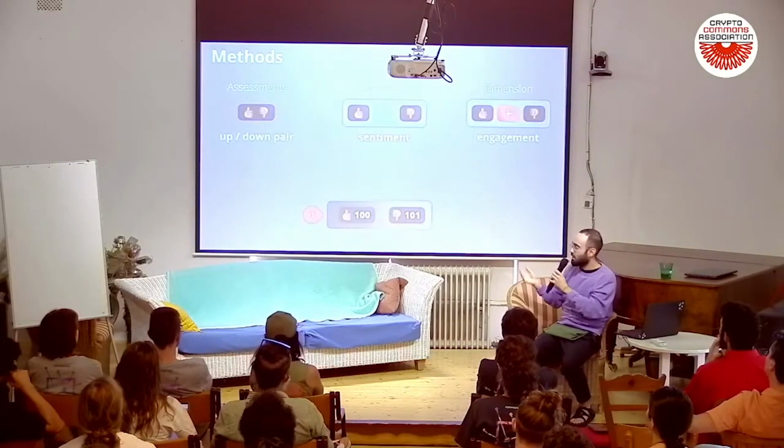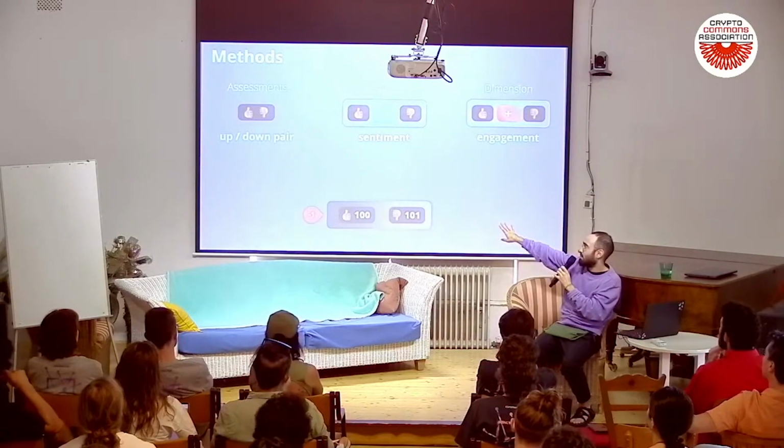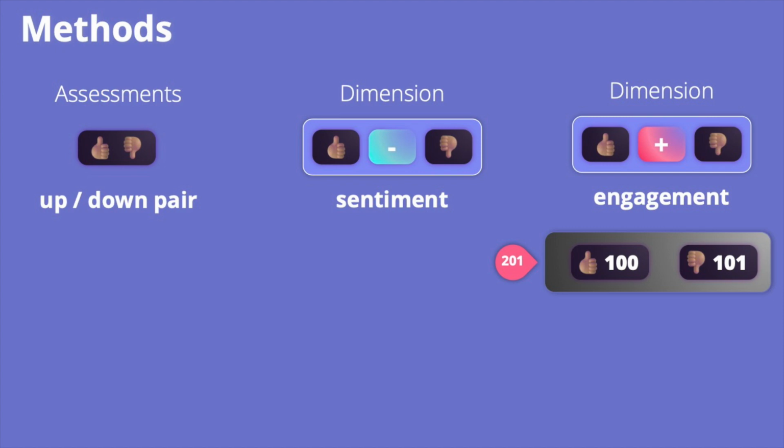Yeah, other interesting things you can do if you would have, for example, an upvote, downvote pair. You could have two different dimensions that come from the same assessments. So if you subtract the negative from the positive, you get a sort of sentiment score. So for example, 100 likes, 101 dislikes, you get a sentiment of -1.